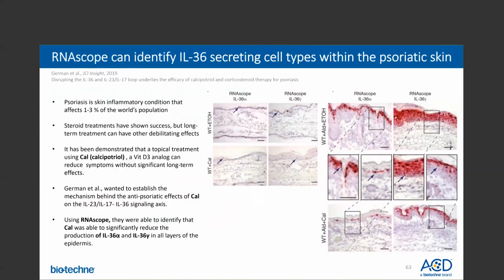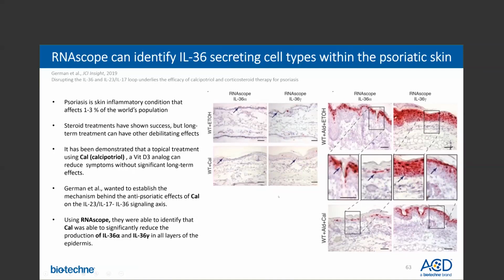Here's an example of RNAscope being used in the skin tissue. We have seen a lot of publications recently of RNAscope being applied in the skin sample, but as you all know, it's a difficult sample to work with because of the processing that it requires. In this particular example, these researchers are studying the psoriasis model and trying to identify expression of cytokines that are upregulated in psoriatic skin.